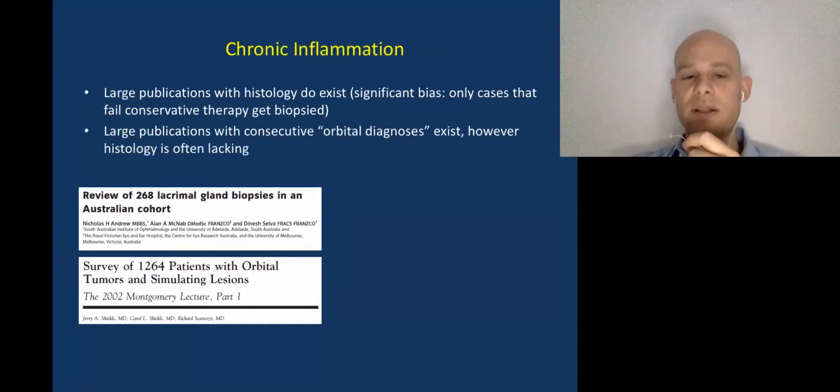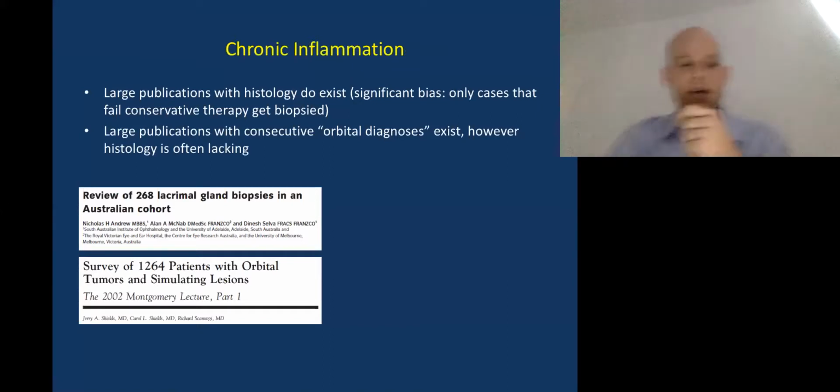However, if you look at this publication, there were 133 patients that had inflammation of the orbit, and of those roughly 35% got a biopsy. So these are patients given a diagnosis of inflammation of the orbit caused by X, Y, or Z, with the vast majority not even receiving a histologic diagnosis. So for chronic inflammation, we have larger studies, some with histology, but there are very significant flaws in the literature.